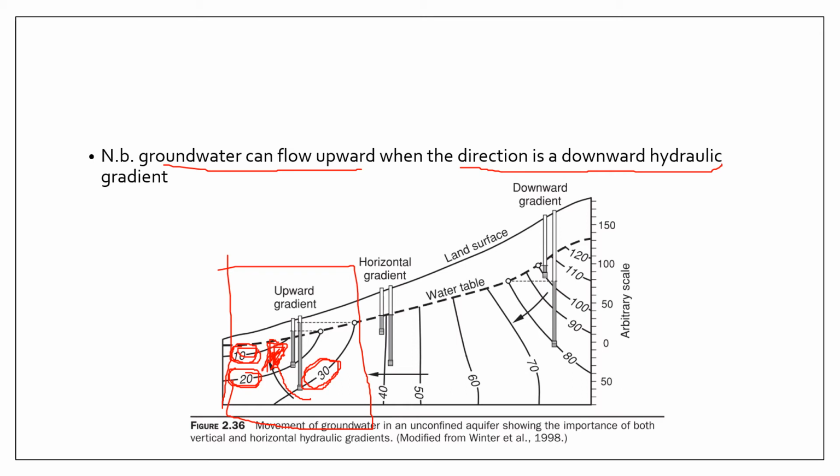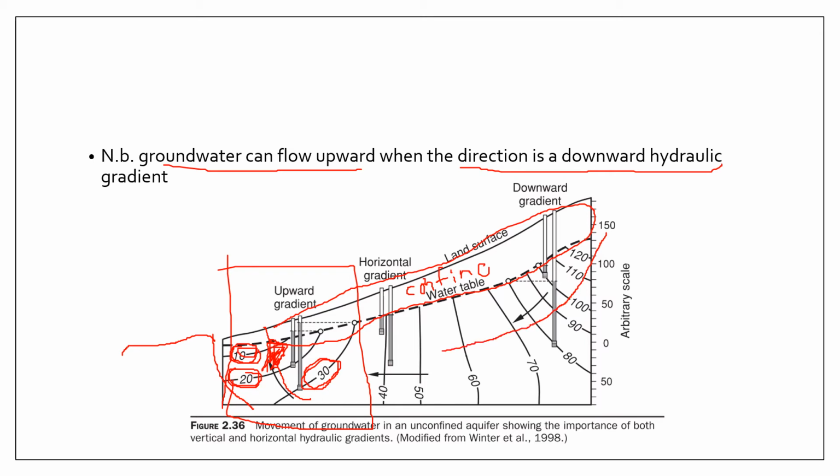What can be causing that? The typical case here is you might be having a confined aquifer. So this might be a confining layer. Your water is basically moving downward in here.